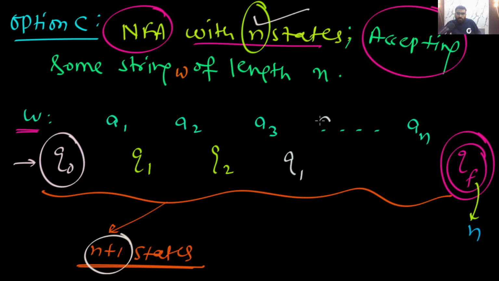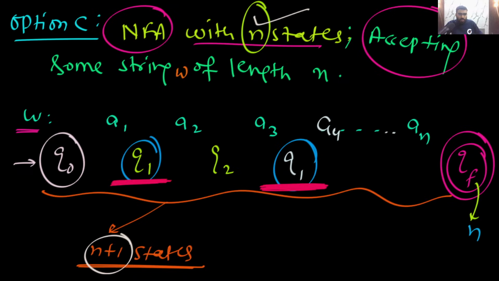Just assume for a moment that this Q1 is repeating. If this Q1 is repeating, then what can I do? I can repeat this any number of times. Yes or no? This A2 to A3 I can repeat any number of times.